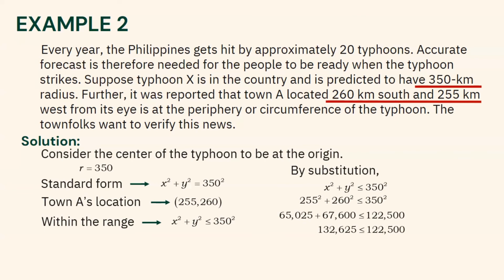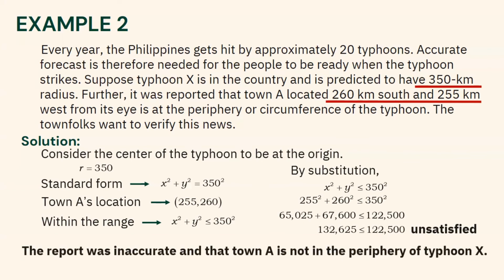Notice that the inequality is not being satisfied by the point (255, 260). Therefore, the report was inaccurate and Town A is not in the periphery of Typhoon X.